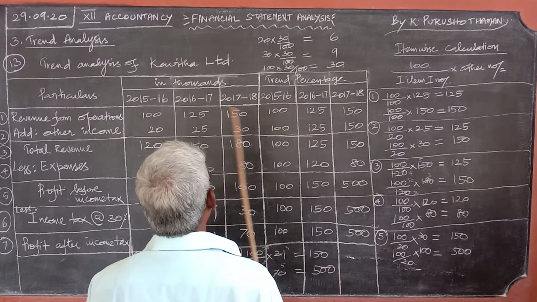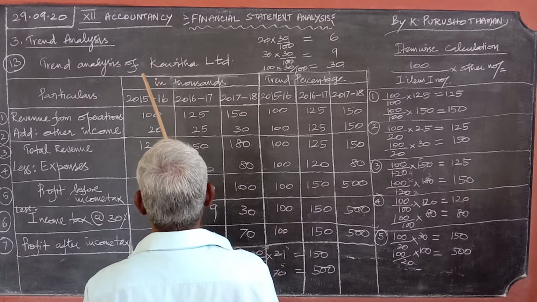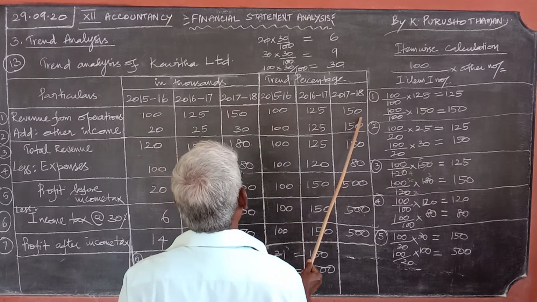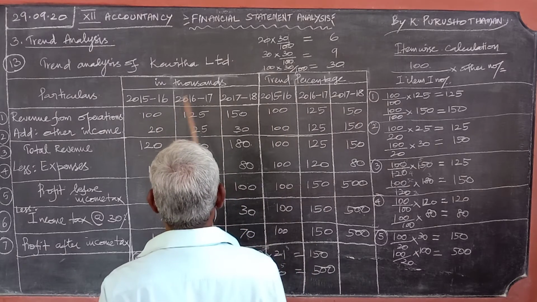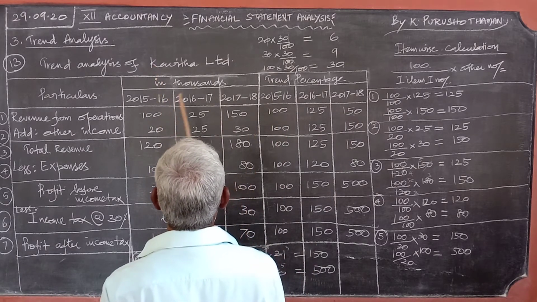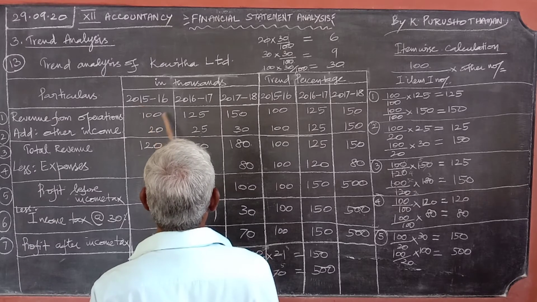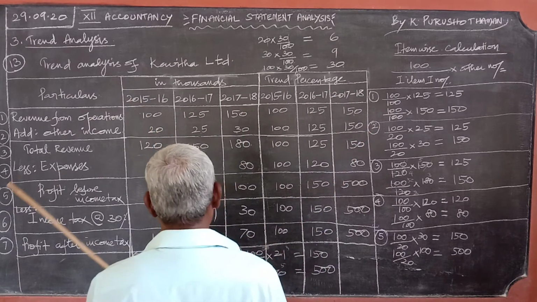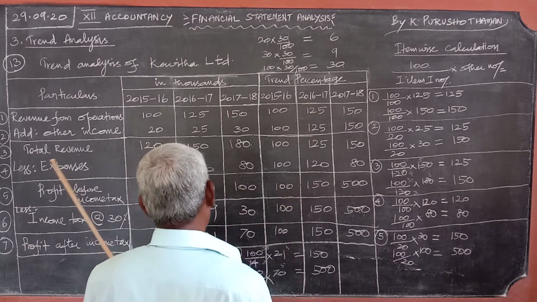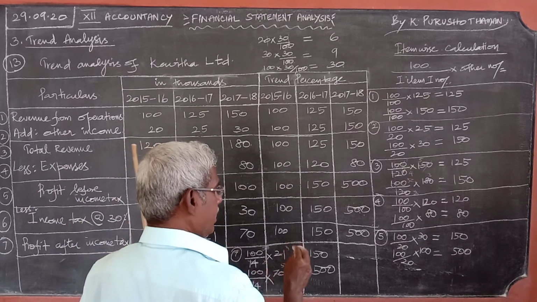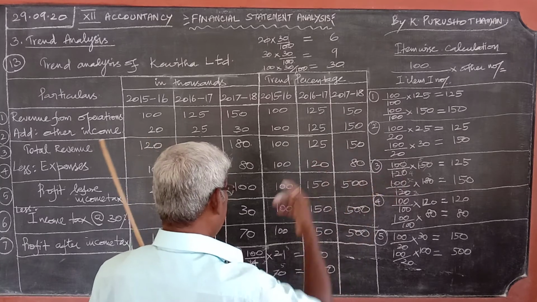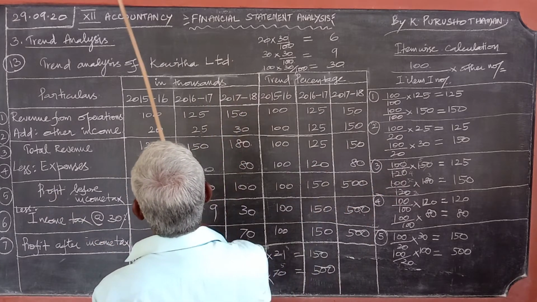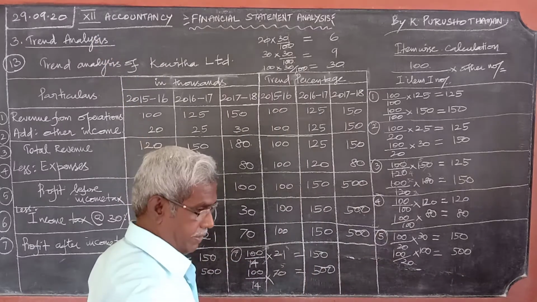See, it is given that items of the same nature are compared with the first year. The second year is compared with the first year, and the third year is compared with the first year. That's all. This comes under trend. That is how the trend is changing, whether the business trend increases or decreases. That shows this method of calculating and the trend analysis.